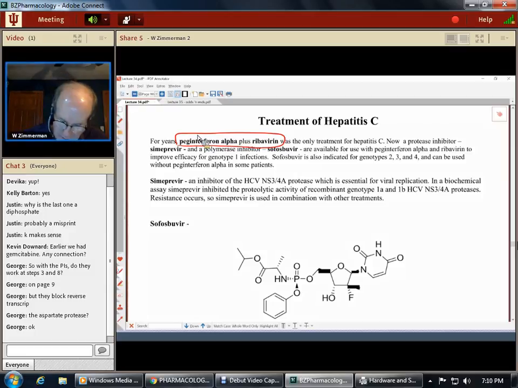But really, the big kahuna here is sofosbuvir. And it's a polymerase inhibitor that I'll talk about briefly down below. And for a while they were using that, saying, okay, let's use sofosbuvir plus simeprevir. And simeprevir is an inhibitor of protease, as I said.